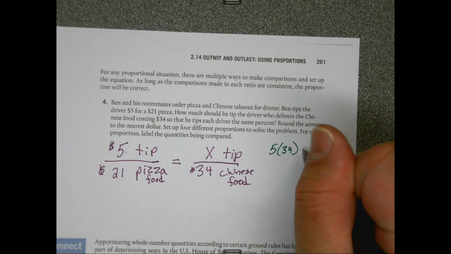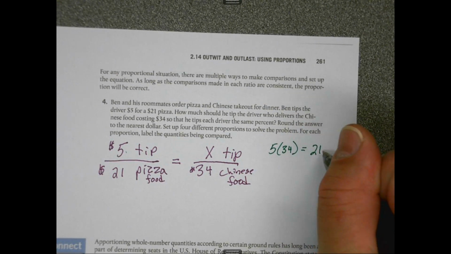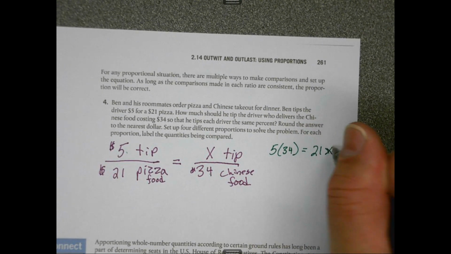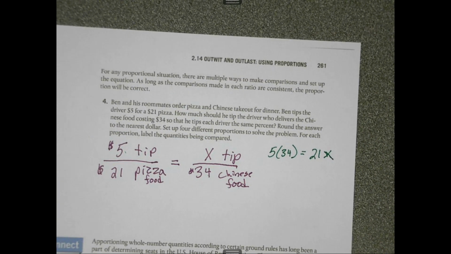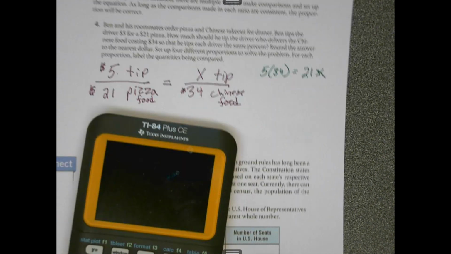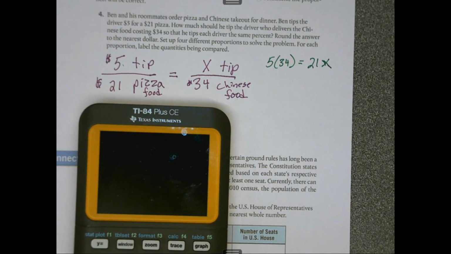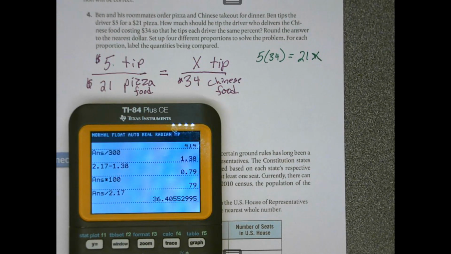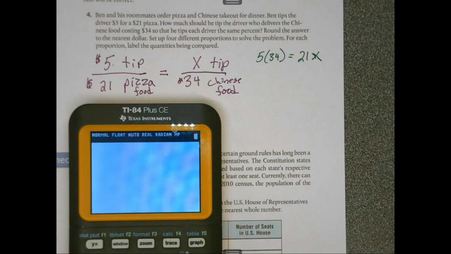Divide both sides by 21. So he should tip the guy that delivers Chinese food $8.10.